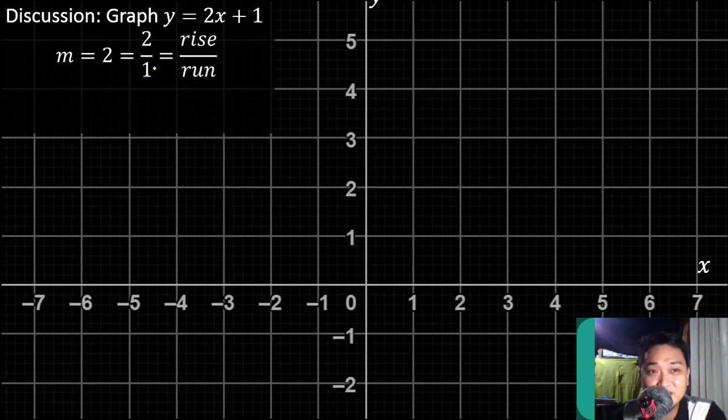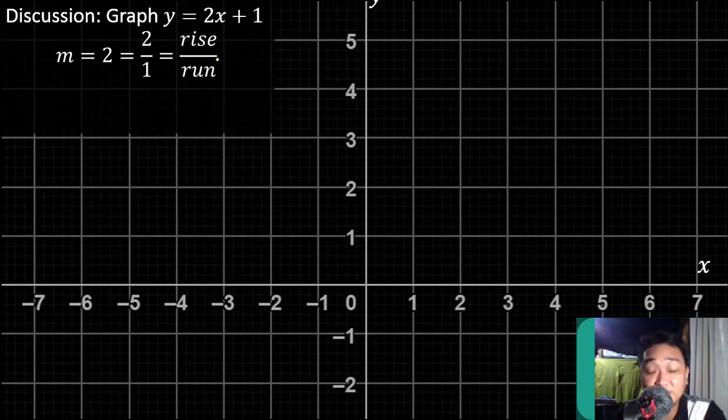So, in this case, the slope 2 is also equivalent to 2 over 1. And since 2 is positive and 1 is positive, immediately we could tell that the rise, or the up, how many ups are there? There are 2.